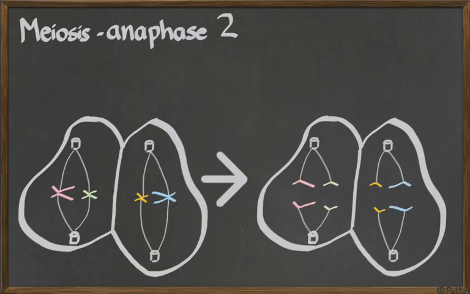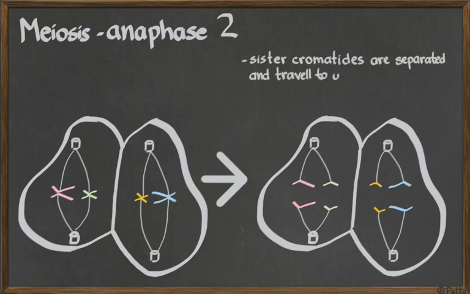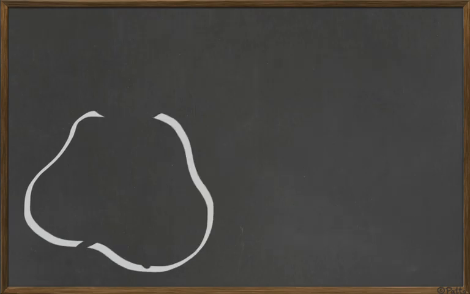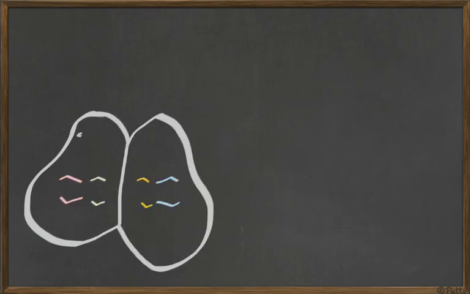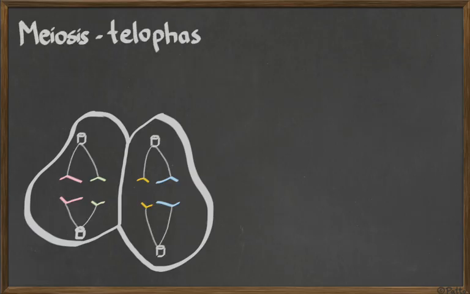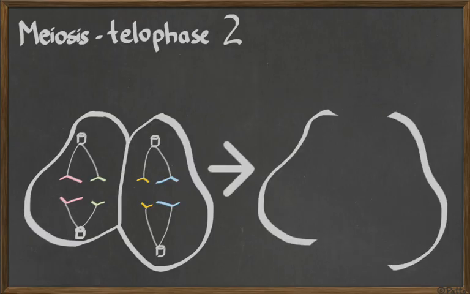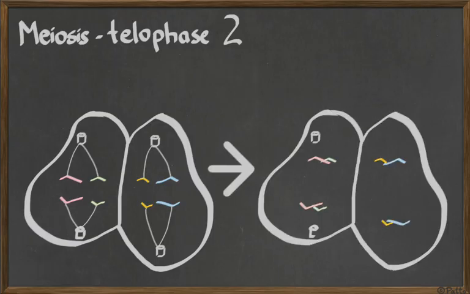So the sister chromatids are going to migrate to the poles, exactly like mitosis. And what will happen in cytokinesis? You have the cells where the sister chromatids have migrated to the poles. Now we are going to have the formation of a new nucleus.